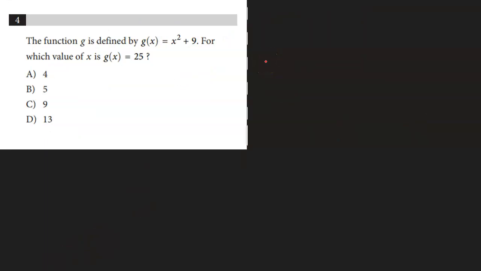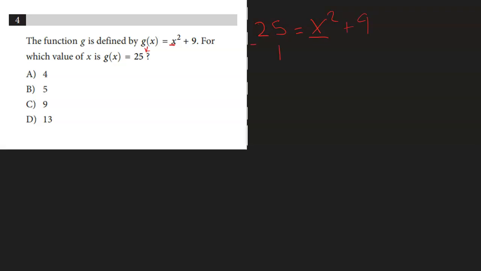So function g is defined by g of x equals x squared plus 9. What is the value of x if g of x equals 25? So really what it's asking for us is to see what x is when g of x equals 25. So this would be the equation you come up with, and solve for x.